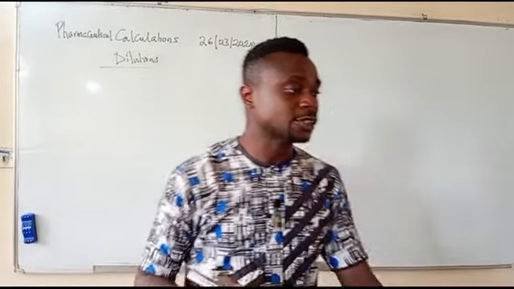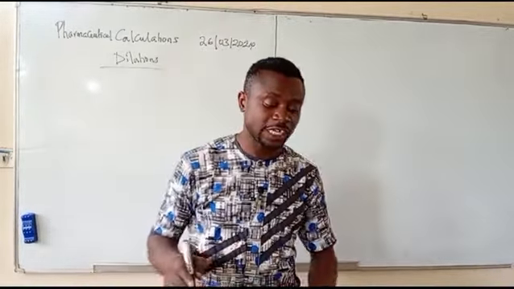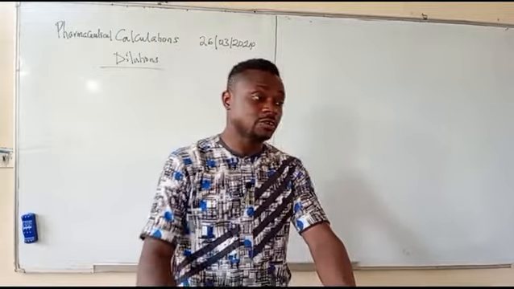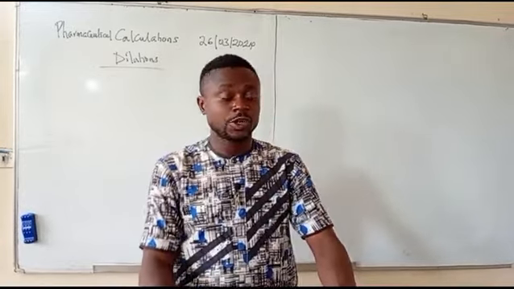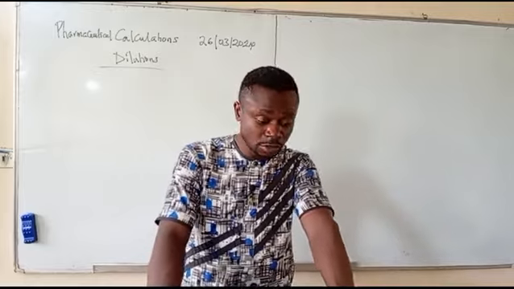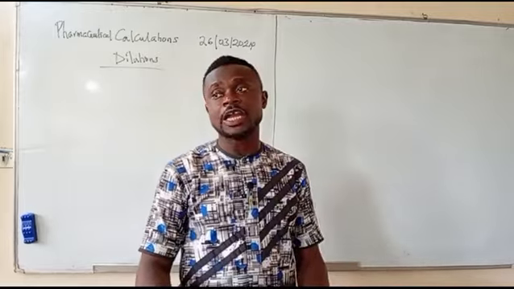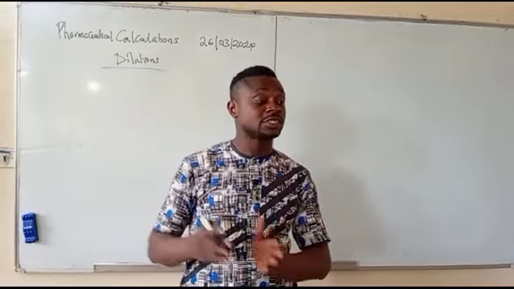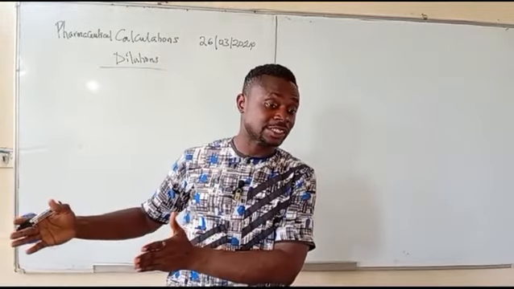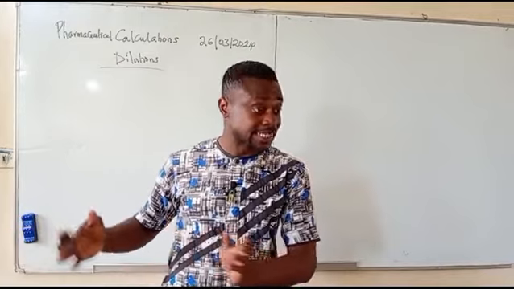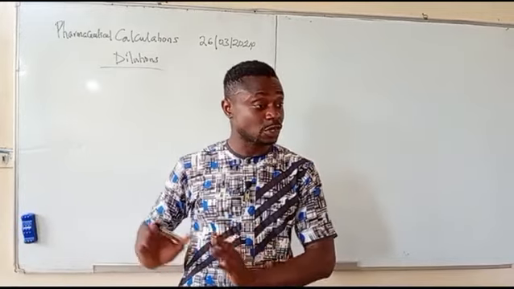Of course, without understanding concentration, you find it difficult to understand dilution. If you have a particular solution with a given concentration, and you want to dilute it to produce another solution, the same content but different concentration.